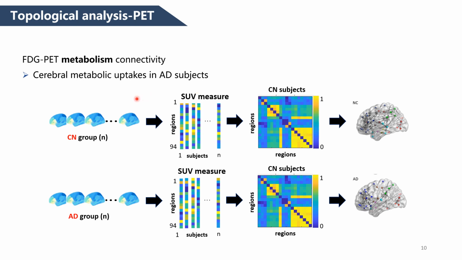The example here would be to observe the connectivity difference between the healthy and the Alzheimer's disease subject groups. Here, a reference metabolic network was constructed using the scans from a control group by performing partial Pearson's correlation analysis between the SUVs of each region pair.